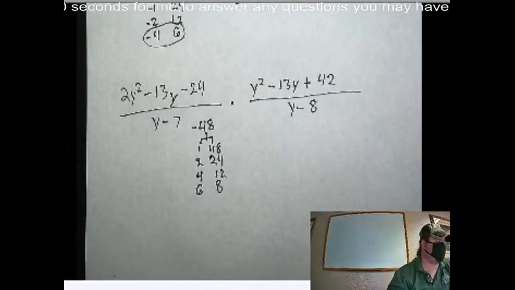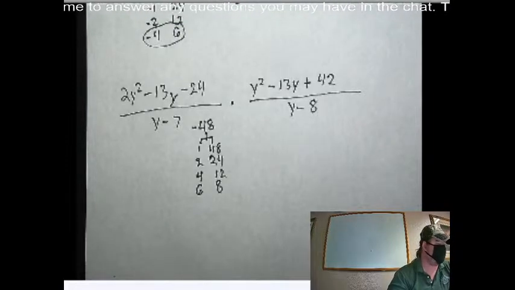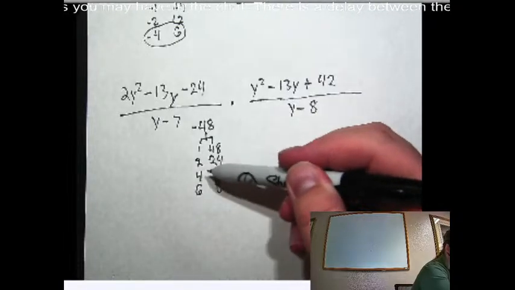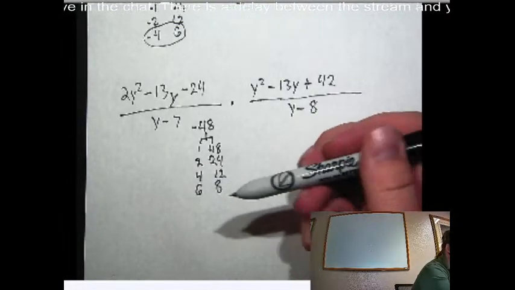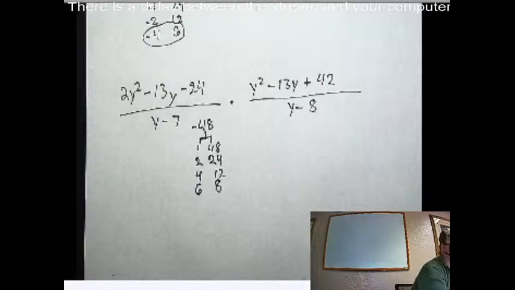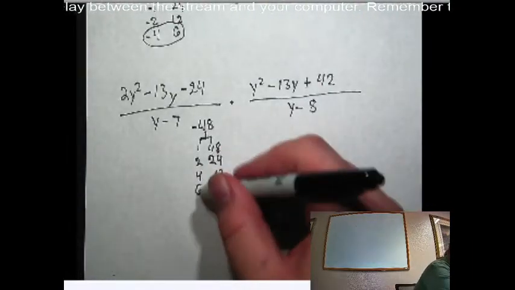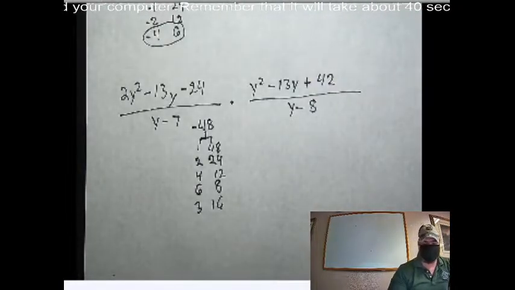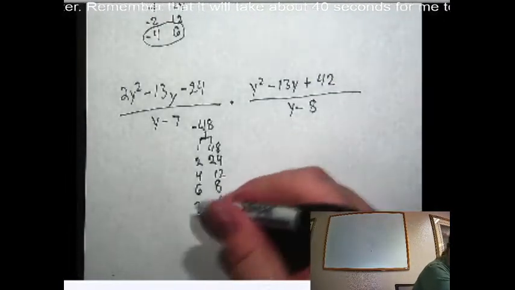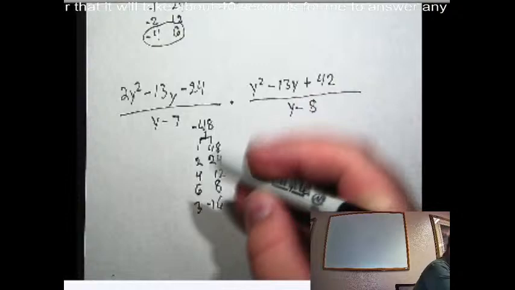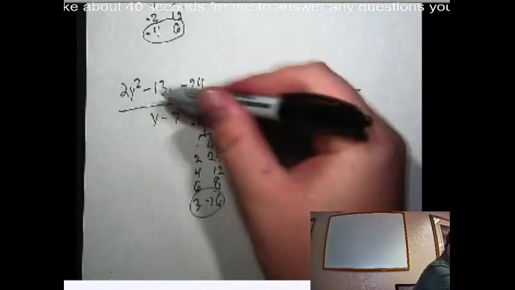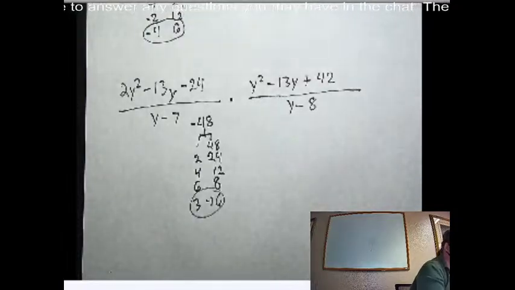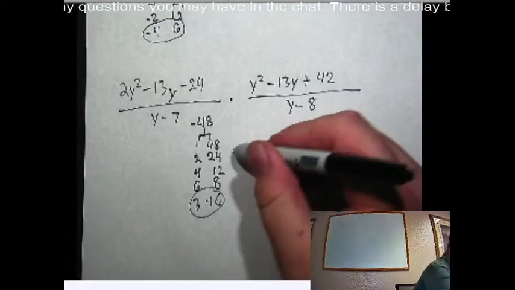Okay, we're missing a factor. We did 1, we did 2, we did 4, we did 6. There's something in between. What? 3 and 16. There we go. So 3 and 16, if we make this a negative 16, gives us negative 48 when we multiply, and negative 13 when we add. And remember, we can't use our shortcuts, so we got to go through the box method.